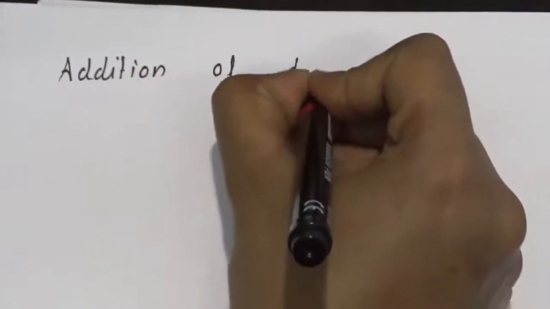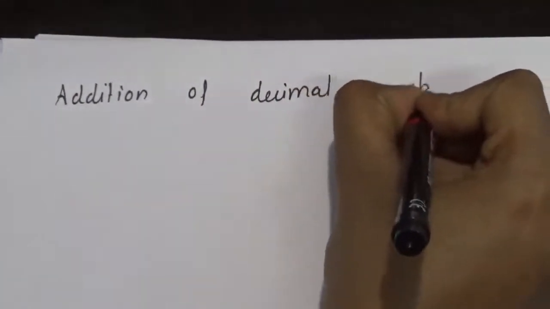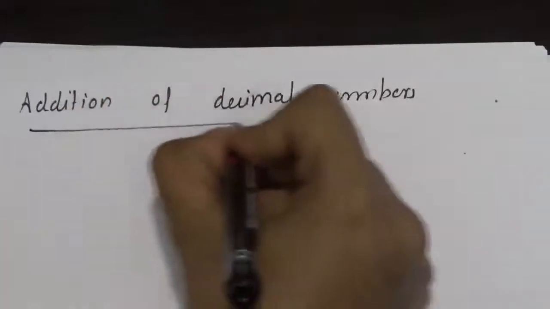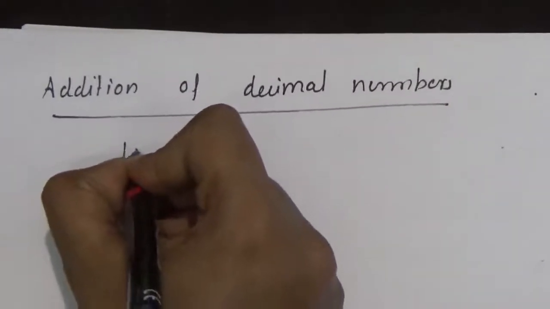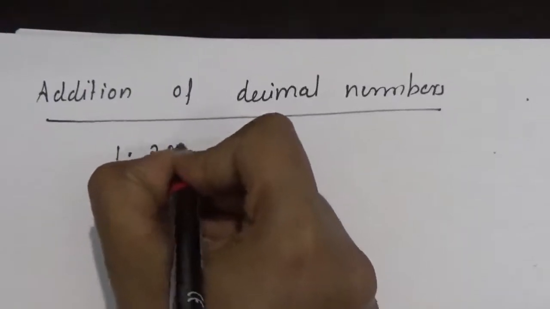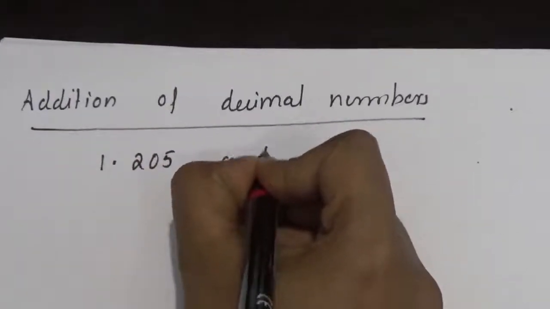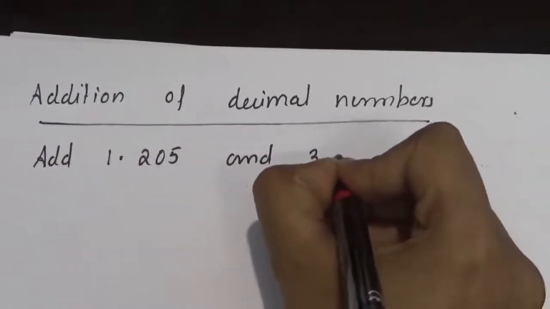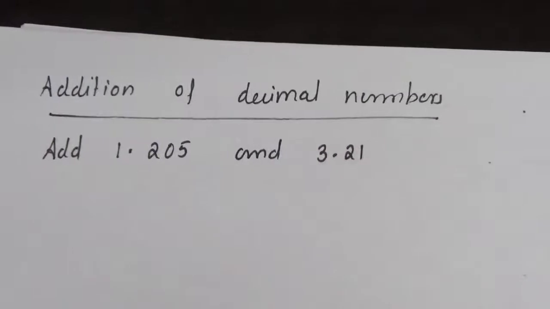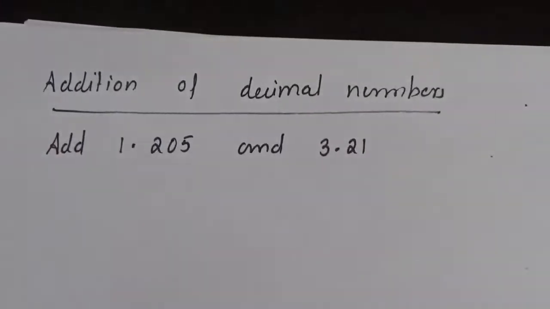Addition of decimal numbers. Suppose we need to add the decimal numbers 1.205 and 3.21. We need to add these two decimal numbers using the normal addition of numbers.